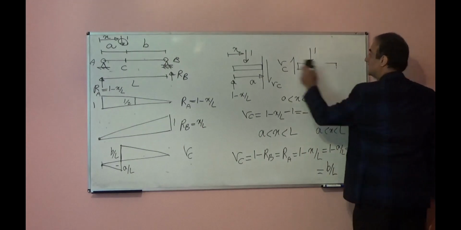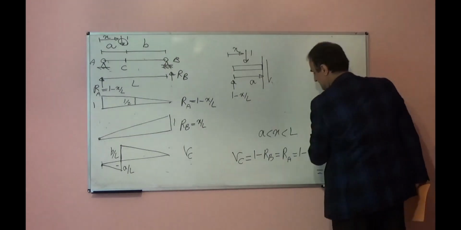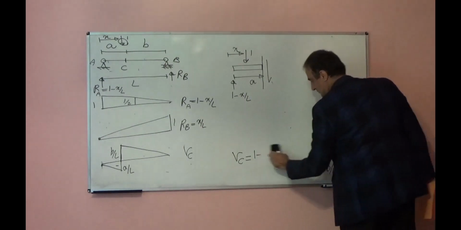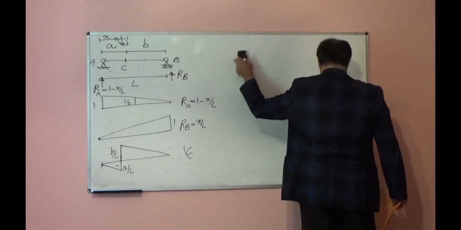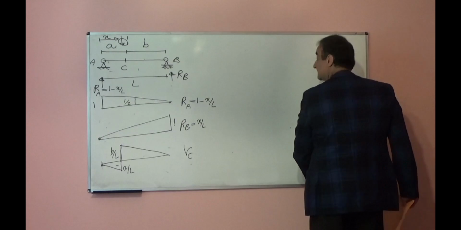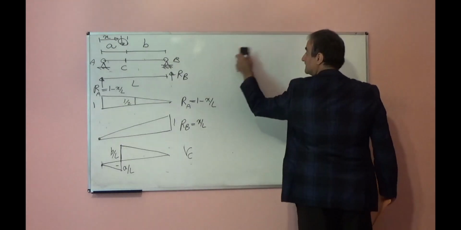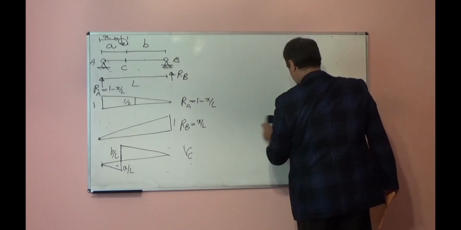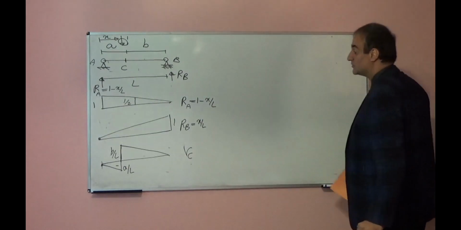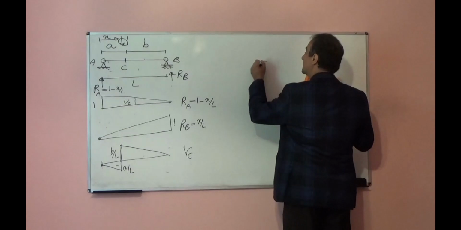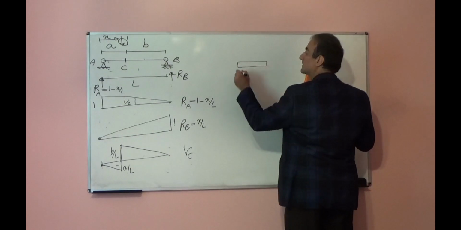Let's look at the influence line for moment at point C. Again we will draw the free body diagram.